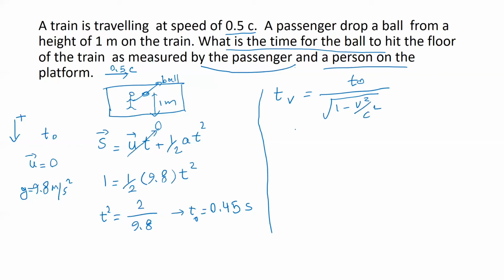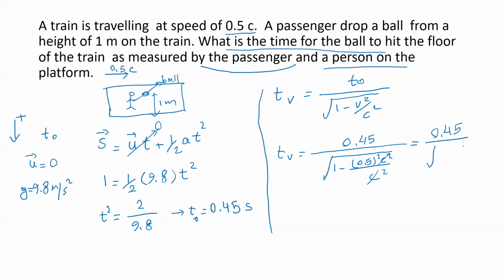and then substitute numbers. TV equals T naught, which we calculated as 0.45, divided by the square root of 1 minus 0.5 squared, V squared divided by C squared. Simplifying, this is equal to 0.45 divided by the square root of 1 minus 0.25, so equal to 0.75 square root.